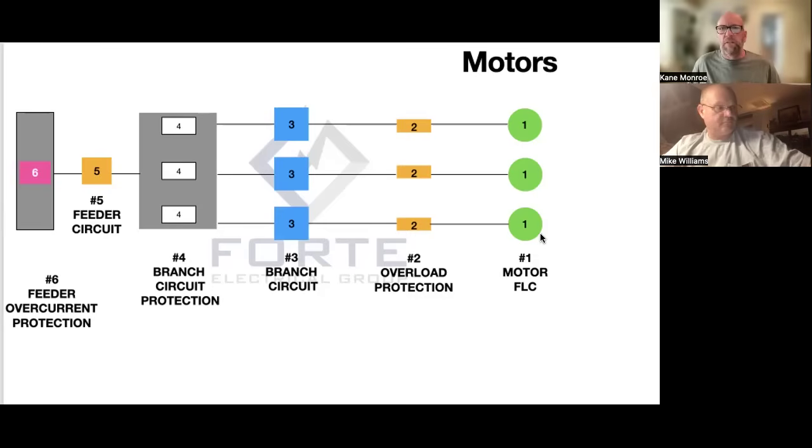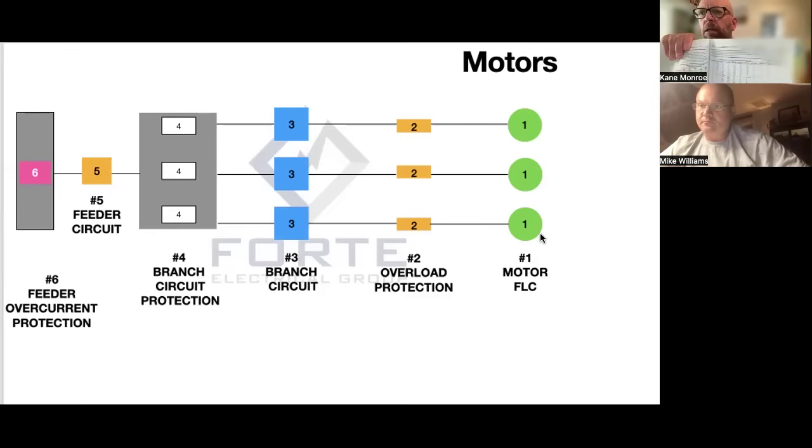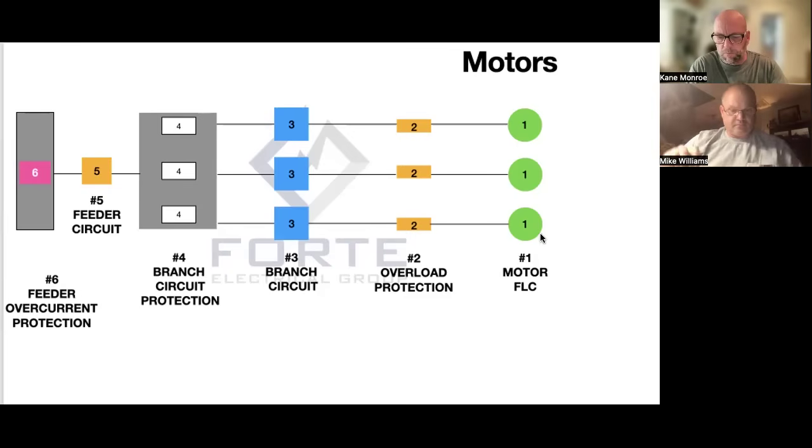What you may want to do is, let me see if I can show you this. Ah, it's not going to do it. At the top of the table, 430.250, it's the table for 3-phase motors. What I did and what you need to do is put step number 1 just somewhere on there.